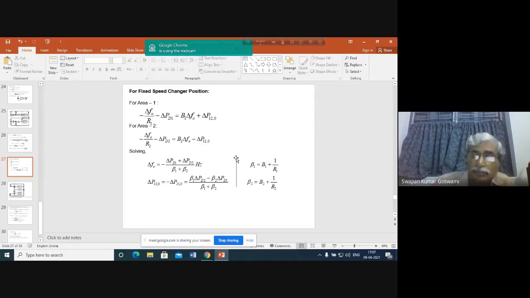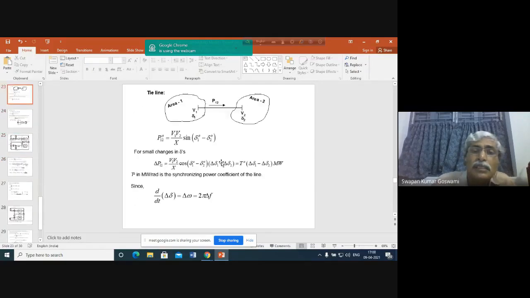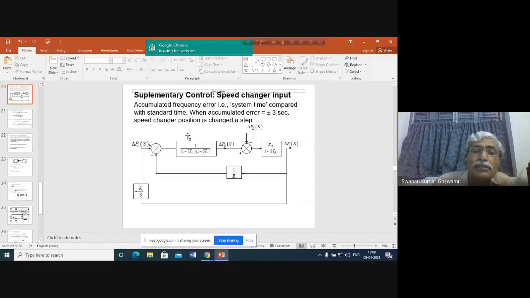Okay, this will be for some other purpose. So this is regarding the supplementary control. And now let us see whether you can understand this one or not. Okay, and if this is understood, then I shall discuss some other thing related to frequency control, and how frequency control is implemented in our power system.